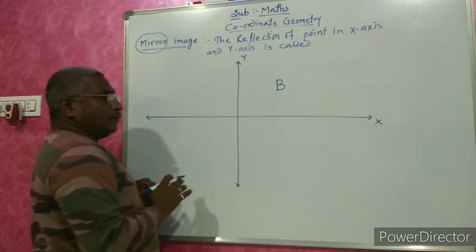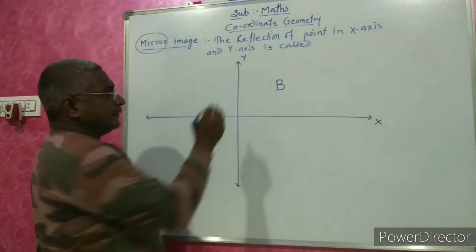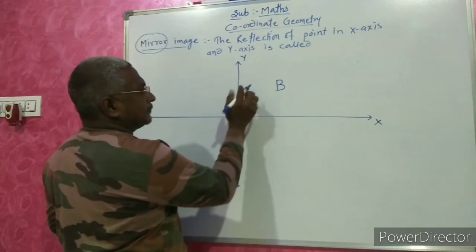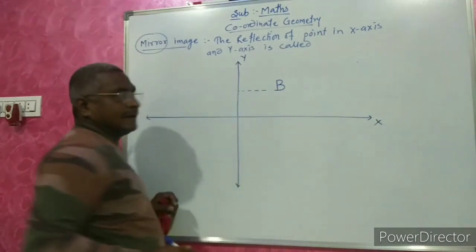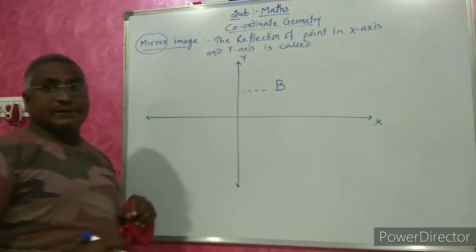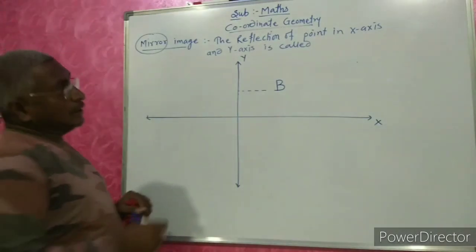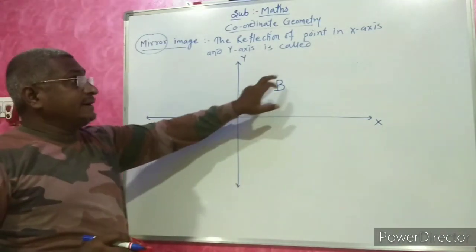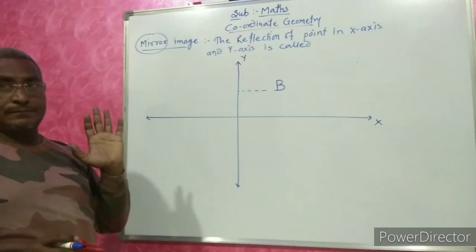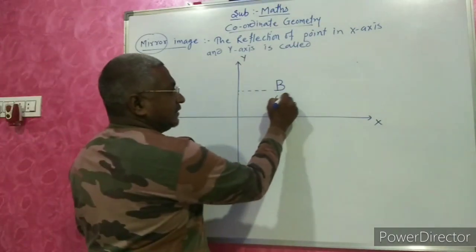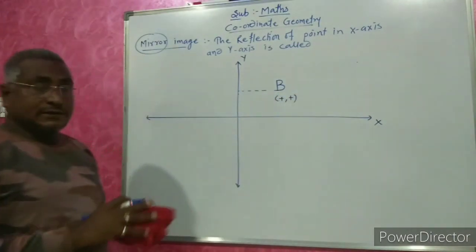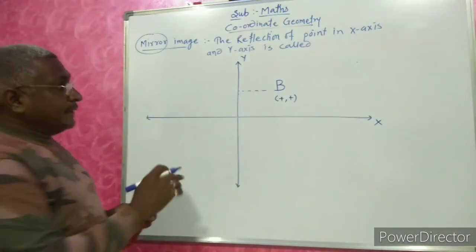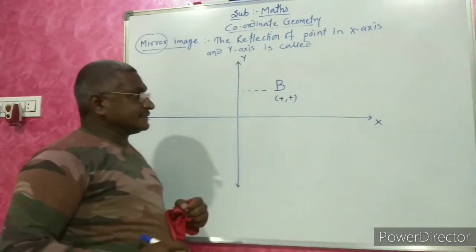Now we have to find the mirror image of B in the x-axis and the mirror image of B in the y-axis. First you see where the point is. The point is in the first quadrant, which means the given point's coordinates are both positive. Now the mirror image in the x-axis.